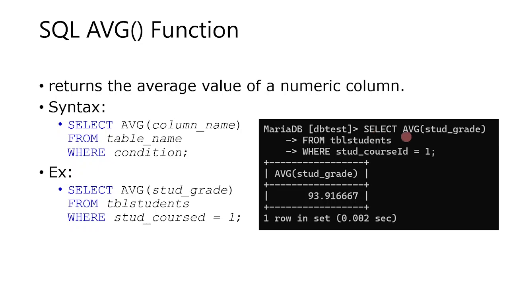I select the AVG, meaning average of the grades from TBL students where the course is equal to 1. So we have the result 93.91. Again, if ever I want to get the average grade of all students, we are just going to remove our condition here.